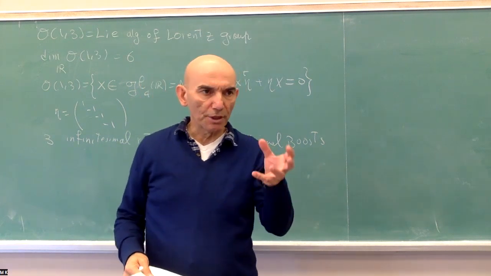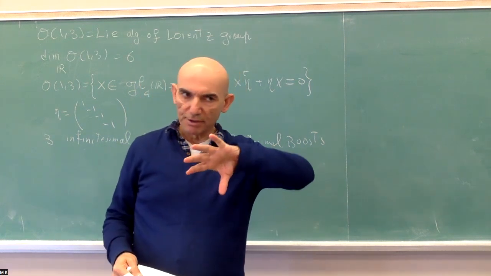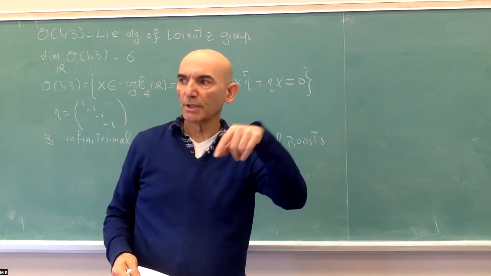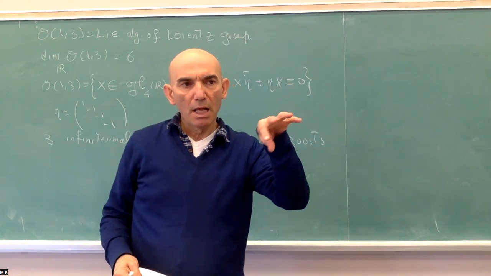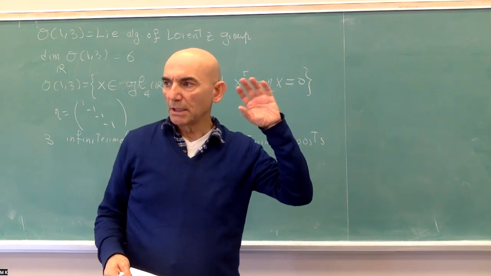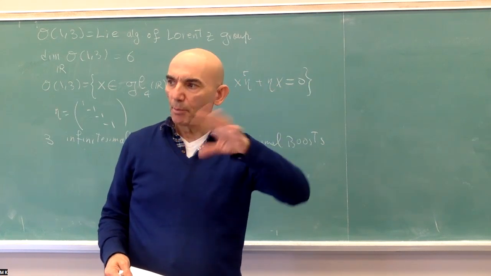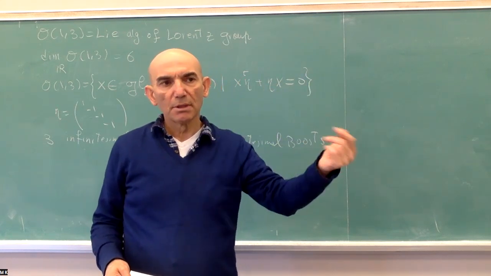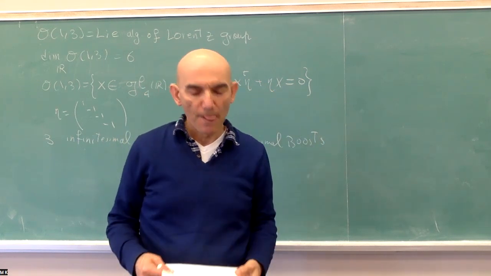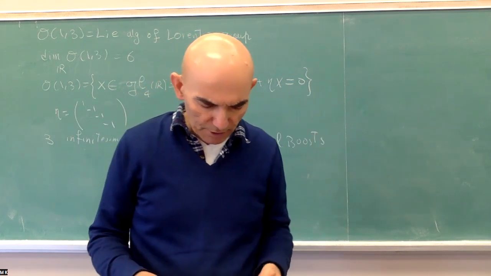The infinitesimal rotations are obtained by taking the derivative of the rotations in 2 of the coordinate planes, x1, x2, x3, and then taking the derivative at the identity. And the boosts are hyperbolic rotations along x0x1, x0x2, x0x3. And we did the calculation.